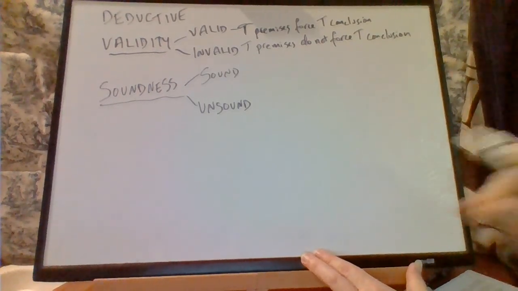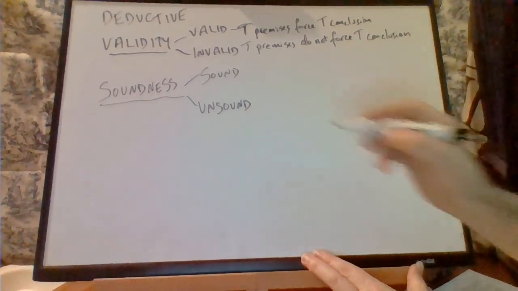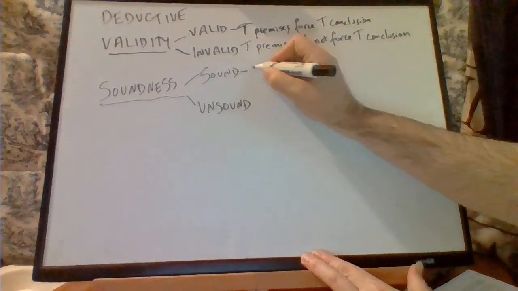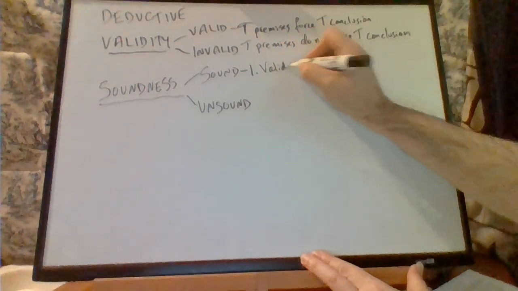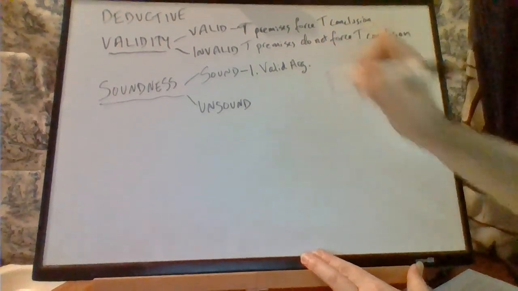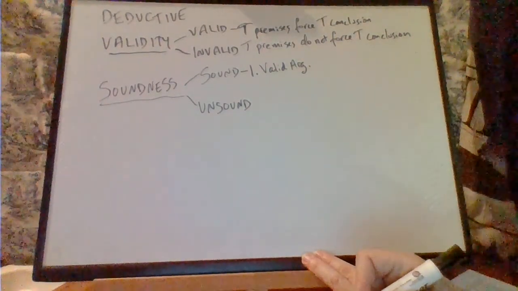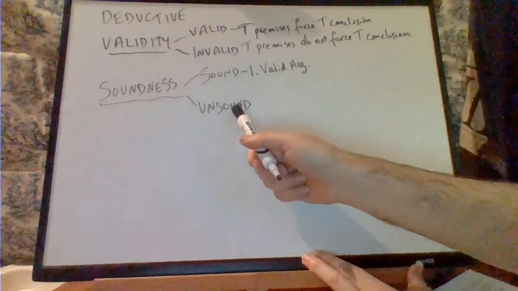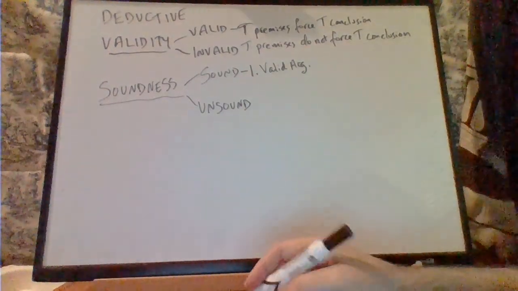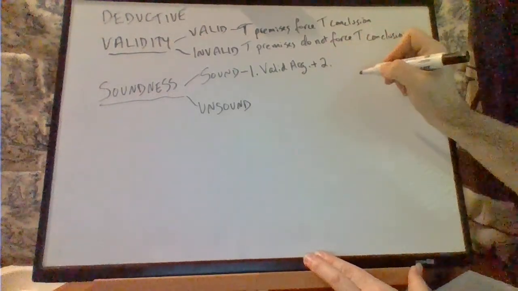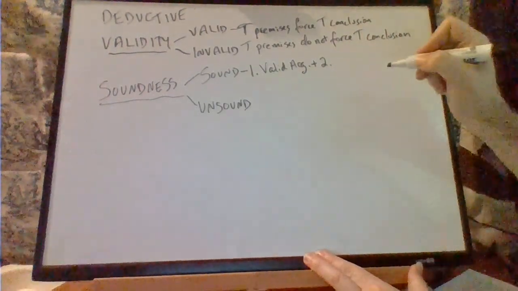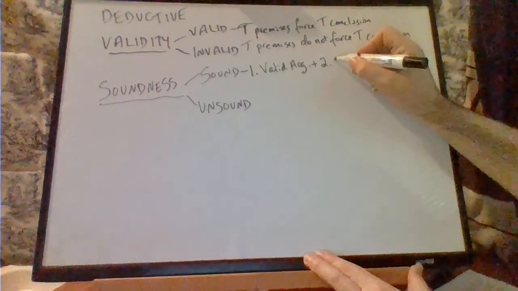That's what you're looking for. So how do we get a sound argument? Well, to be a sound argument, first it has to be valid. That's why you check validity first. If it's an invalid argument, it's automatically unsound. So to be sound, it has to be a valid argument. But it also must actually have true premises leading to a true conclusion.